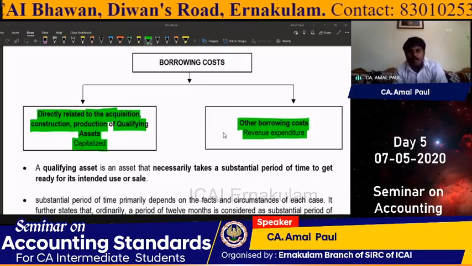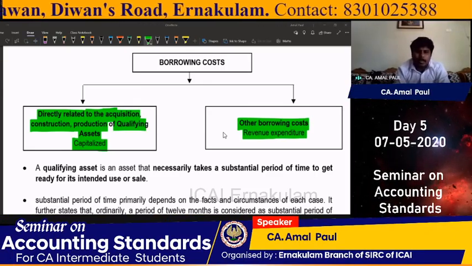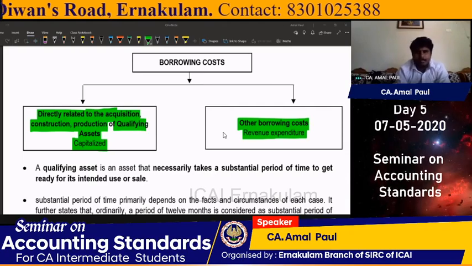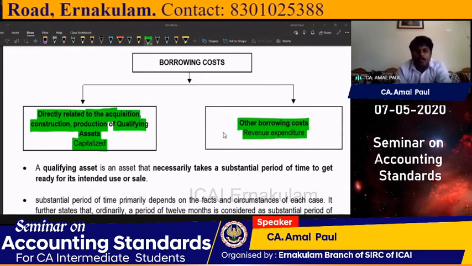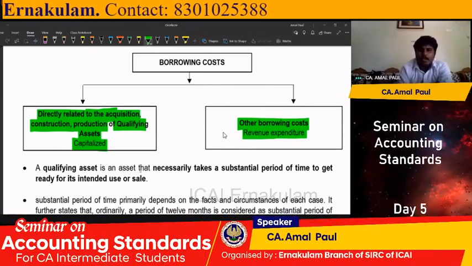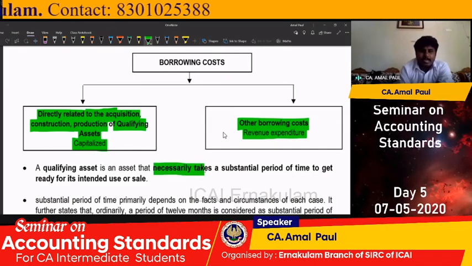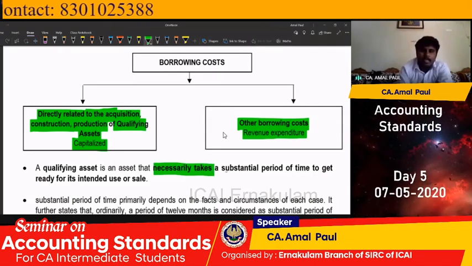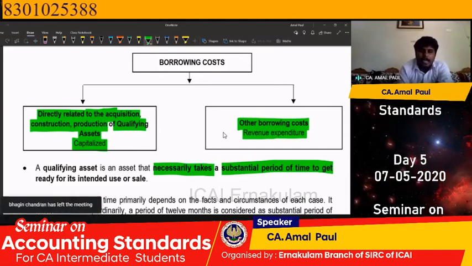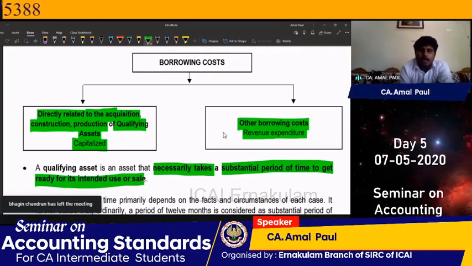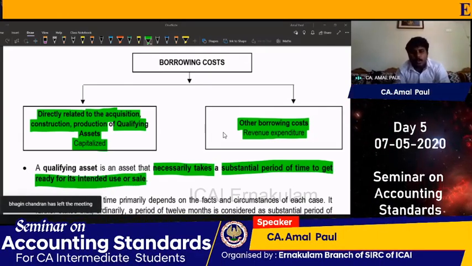So first we have to understand the meaning of qualifying asset. A qualifying asset is an asset which necessarily takes a substantial period of time to get ready for its intended use or sale.